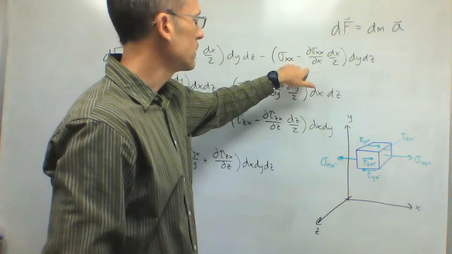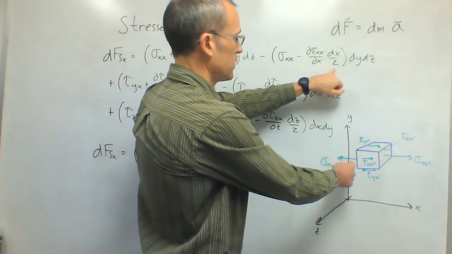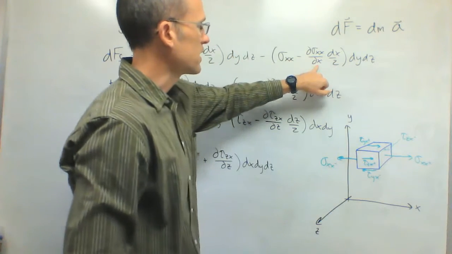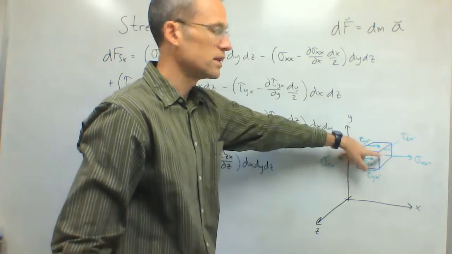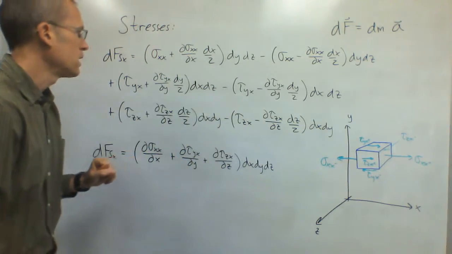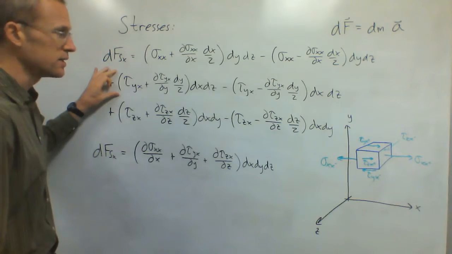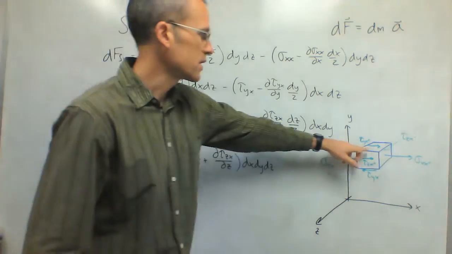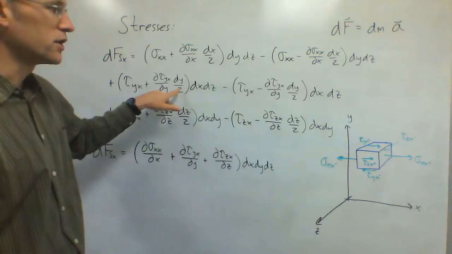Similarly for this sigma xx minus, same deal. I have sigma xx at the center, then I move minus dx over 2 to get to here. I need d sigma xx dx as part of the Taylor series, and then more things I don't care about. Same area, dy dz. And similarly for the shear stresses on the y and z surfaces. For tau yx plus, this guy up here, in the Taylor series I go up dy over 2 to get there.